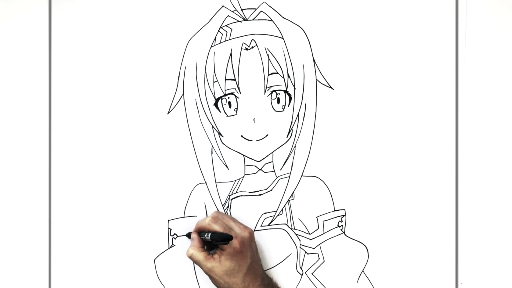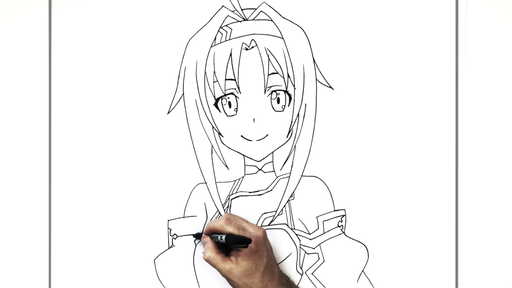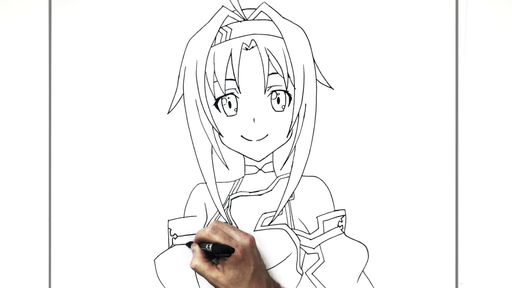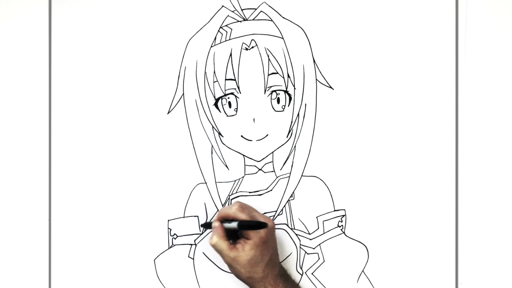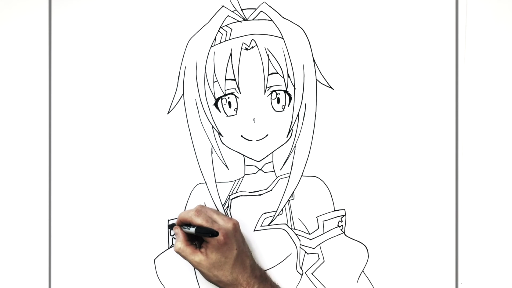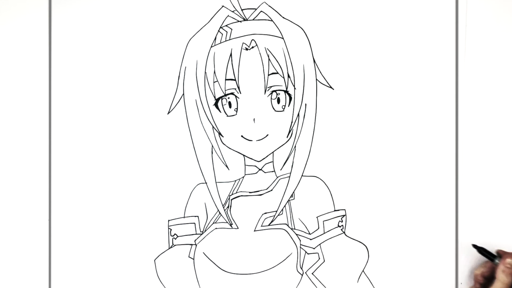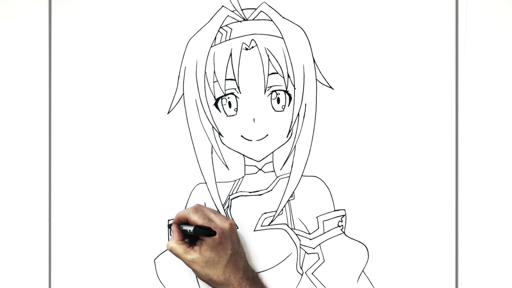There, and then that red stripe comes in towards her armor. Then we have a yellow section here, and then this goes in, boop, yellow, like so.